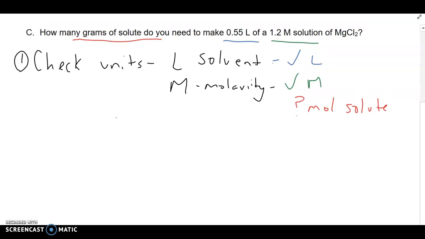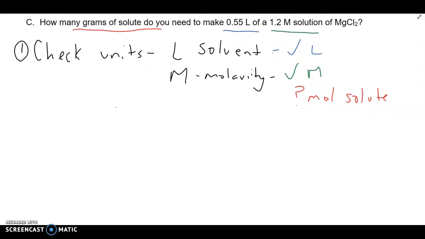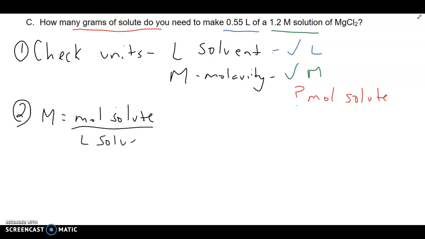So the next step is using our equation. Molarity, or concentration, equals moles of solute over liters of solvent. Now here's the thing.